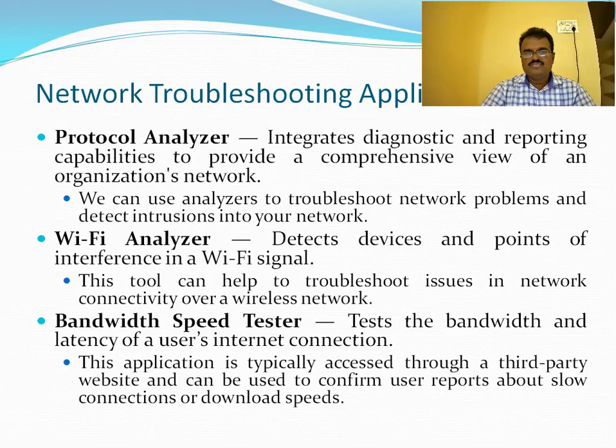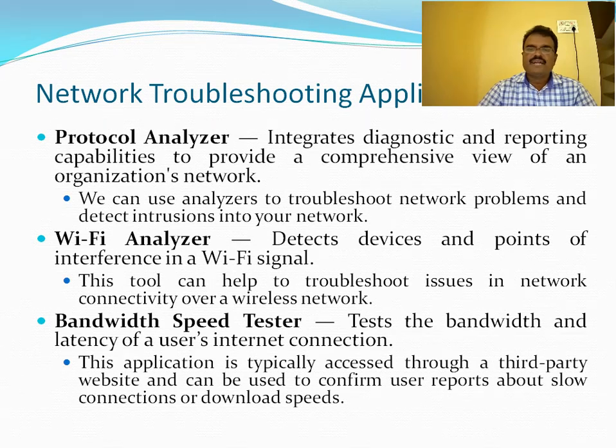Another software application is the Wi-Fi analyzer. This detects devices and points of interference in a Wi-Fi signal. This tool can help to troubleshoot issues in network connectivity over a wireless network. Next one, the software application bandwidth speed tester.